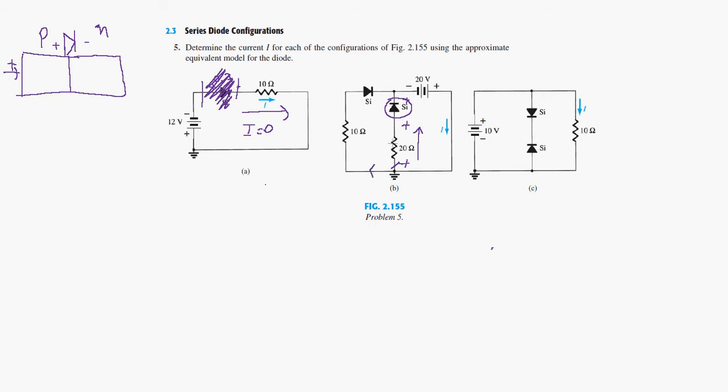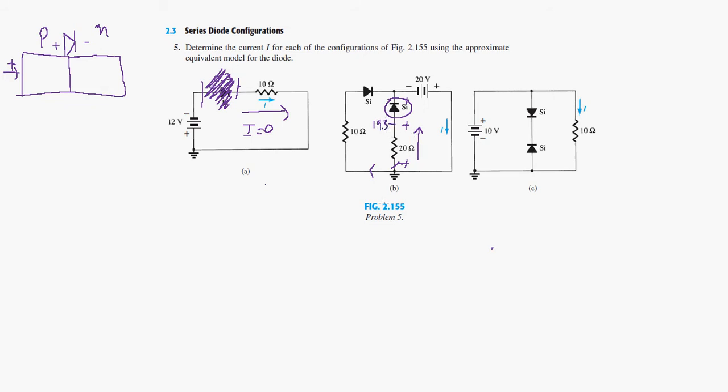For this first resistor, the voltage here is 20 volts, and because there is a 0.7 volt drop across the diode, the voltage here is going to be equal to 19.3.